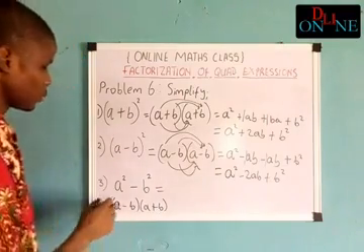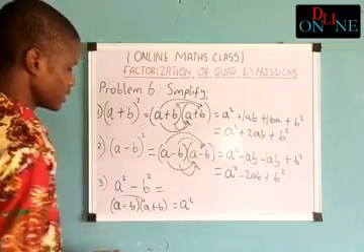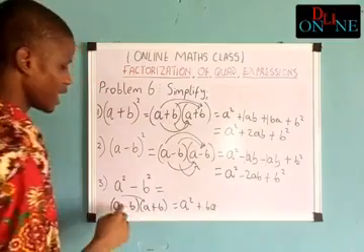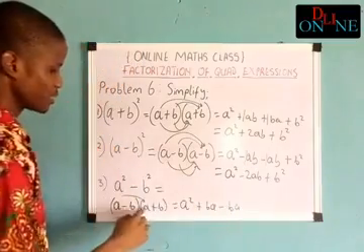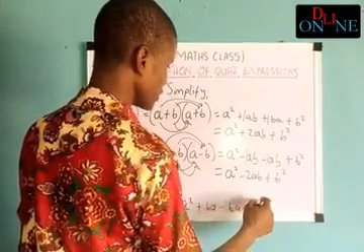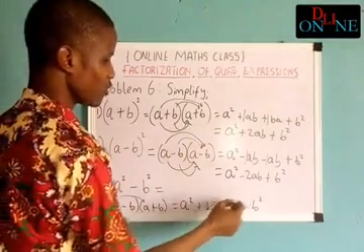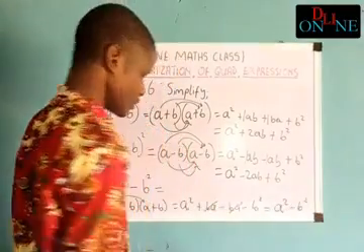So we have a times a, that gives what? A squared. We have a times plus b, that gives plus ba. Then we have minus b times a, that gives minus ba. We have minus b times plus b, that gives minus b squared. Eventually plus ba will cancel minus ba, and we'll be left with a squared minus b squared.